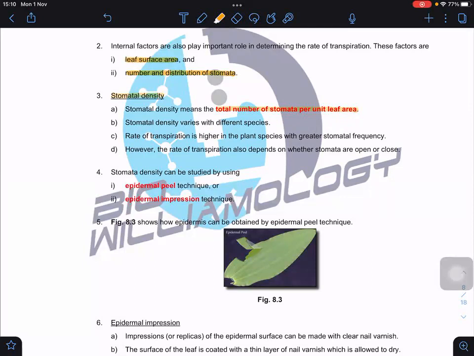Either you use stomatal frequency or stomatal density. If the stomatal density is high, then the rate of transpiration will be higher because of the openings. However, transpiration also depends on whether the stomata are open or closed. So this actually answers the question here.